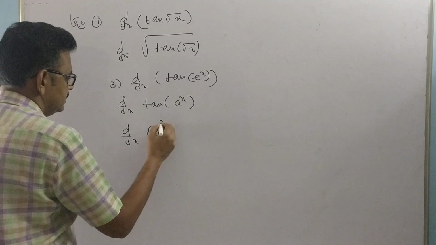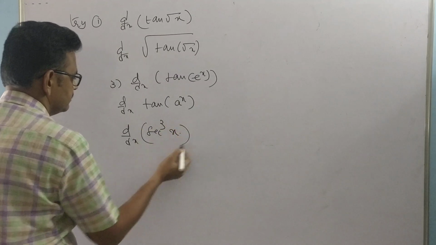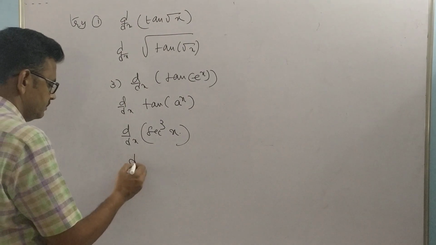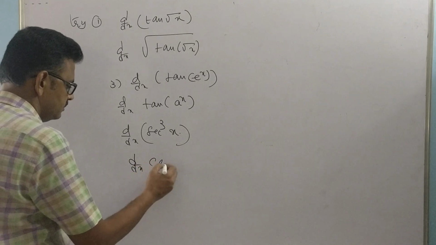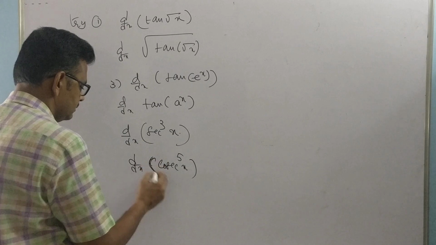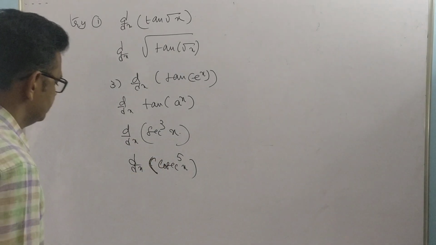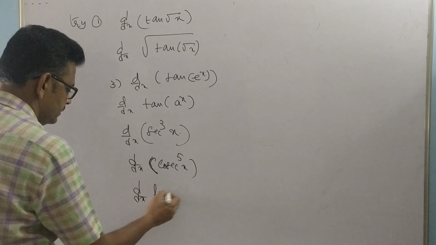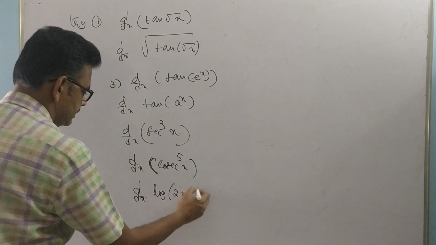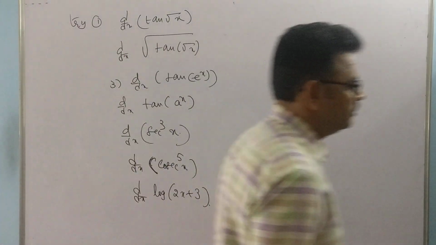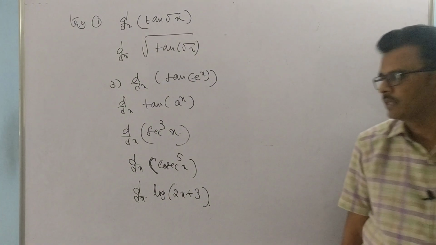Derivative of secant cube x. Derivative of cosecant power 5x. Derivative of log of 2x plus 3. Now we have to find the derivatives of all these functions.